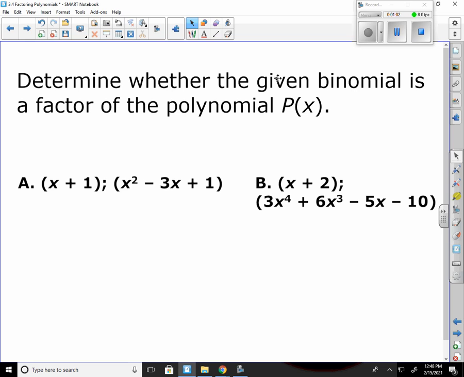So if we need to figure out whether this is a factor of this longer one, then I could go back to my synthetic division and do -1. Remember to flip the signs and then fill in if we have any blanks, which we don't. So it'd be 1, -3, and 1.